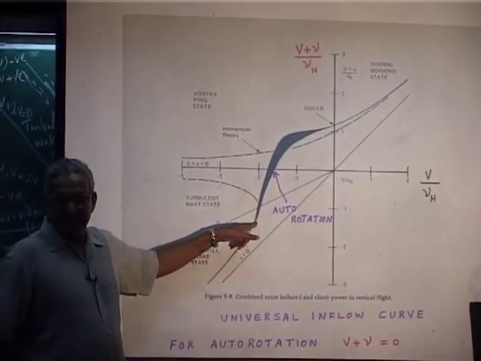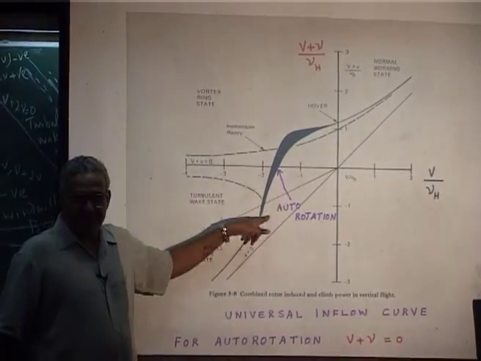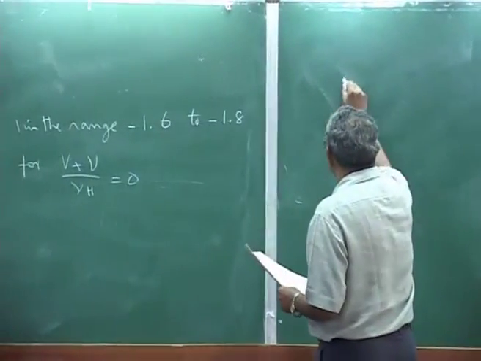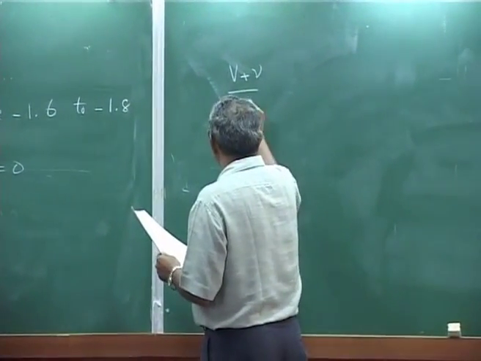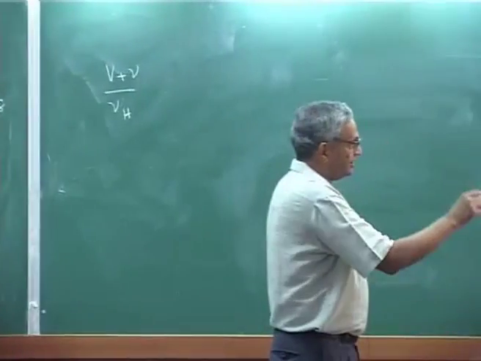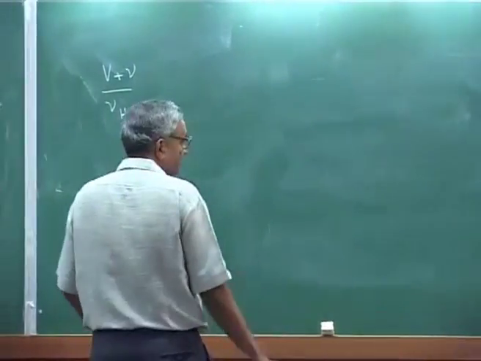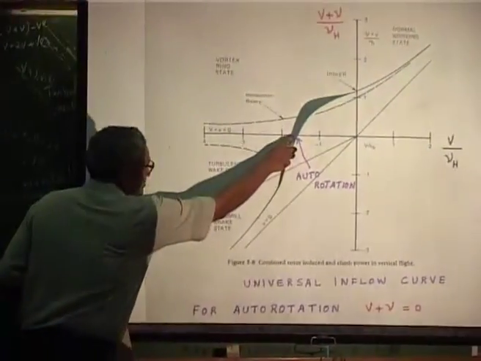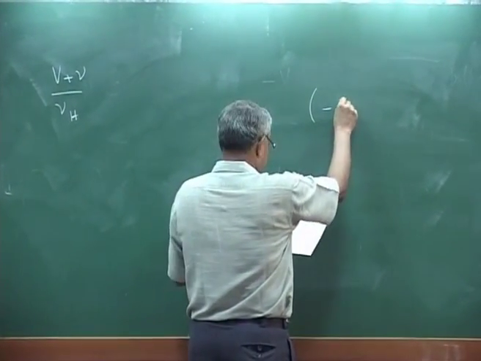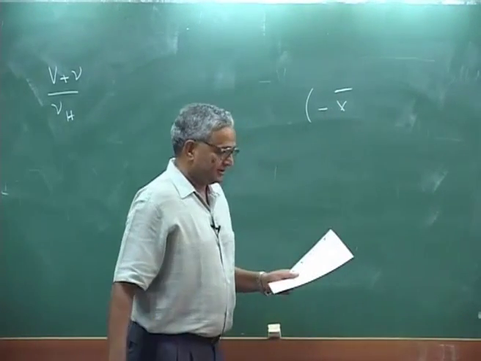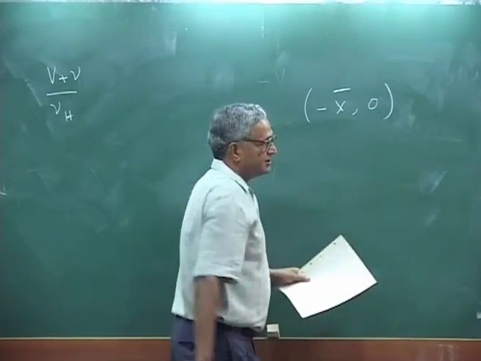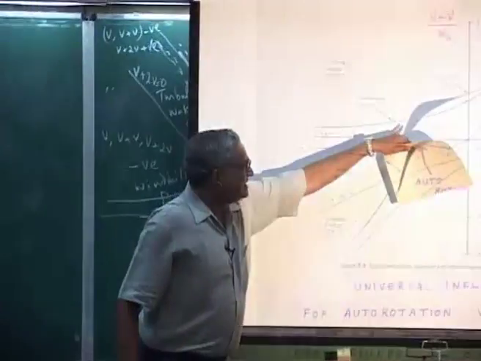So, I will draw a straight line approximation and then write how my V plus nu over nu h is. If you take this point, I have to say the coordinate of this point, you can write it as minus, comma 0, that is the coordinate of this point.